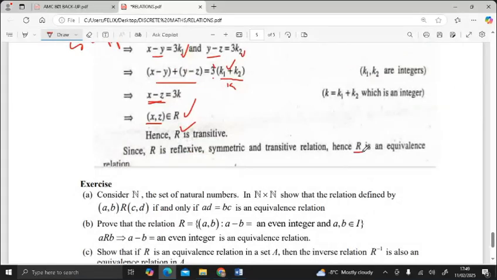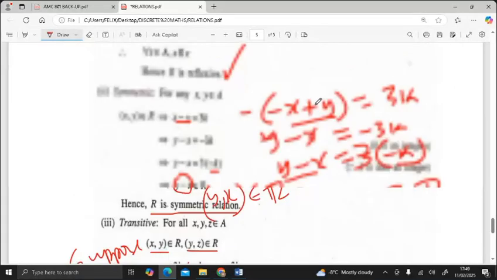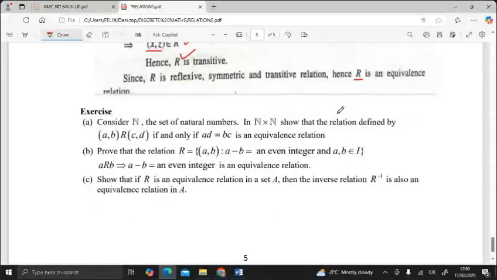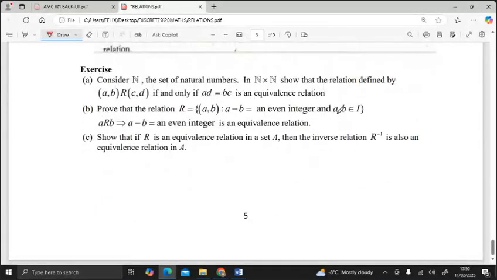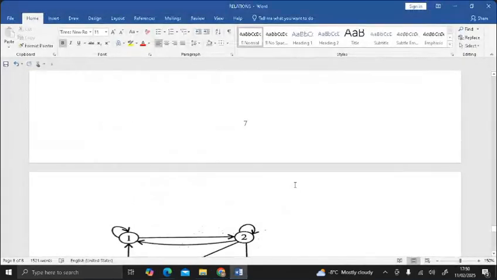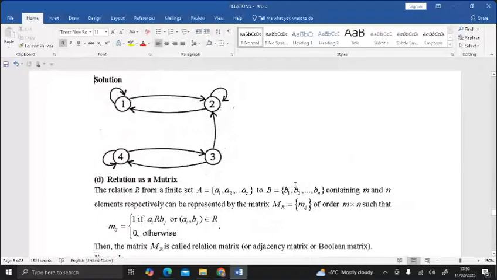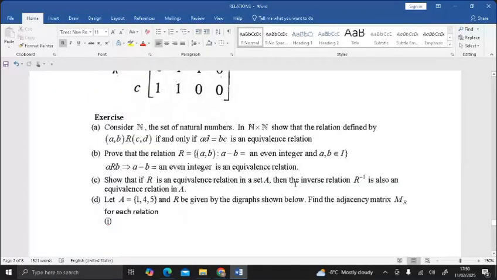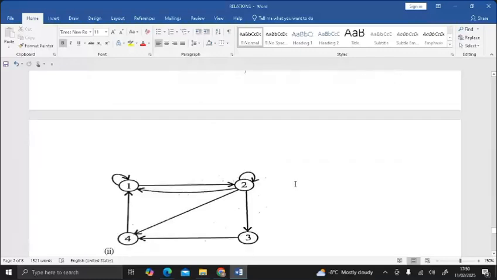Two integers added together is another integer, and therefore we're going to have another K here. Negative y plus y is 0, and therefore we shall have x minus z is equal to 3K. It means, therefore, that (x, z) is in the relation because it is in the form x minus the other one is equal to thrice, which is the divisibility. That satisfies exactly the definition for this relation. So that being the case, we see that R is transitive.